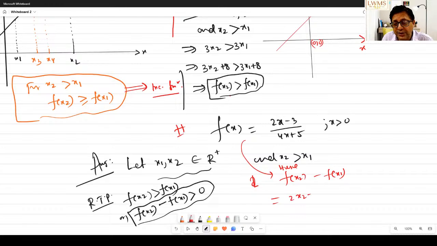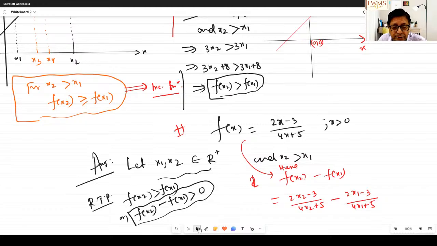This will be (2x2 minus 3) by (4x2 plus 5) minus (2x1 minus 3) by (4x1 plus 5). Okay.